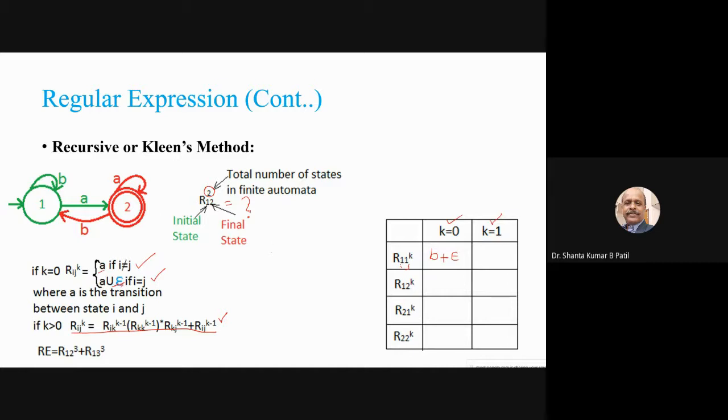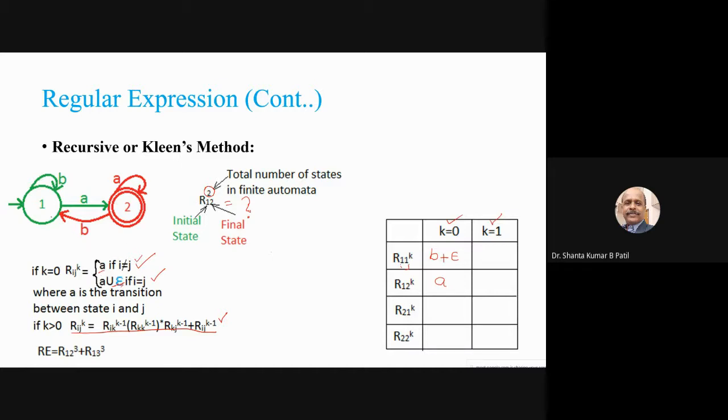Okay, 1 to 2 with k is equal to 0. The transition between 1 to 2 is just a, because i and j are different. If i and j are different, we write only the transition between i and j.